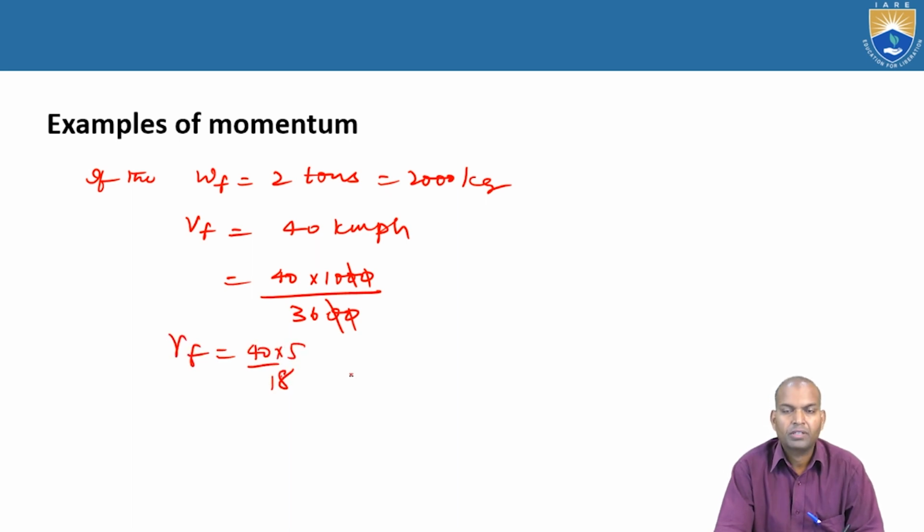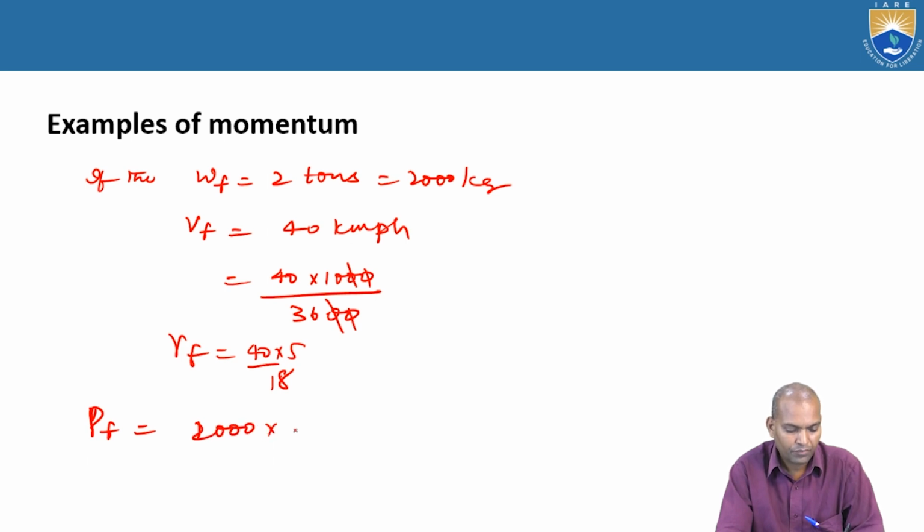That is V. What is the momentum for that velocity? Momentum of the vehicle, P, is 2000 times 40 into 5 by 18.